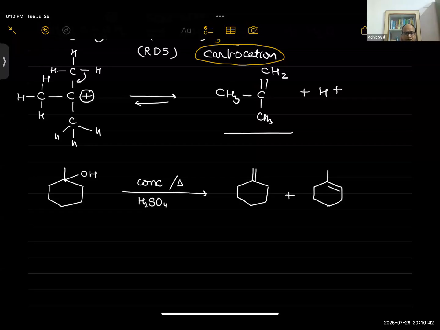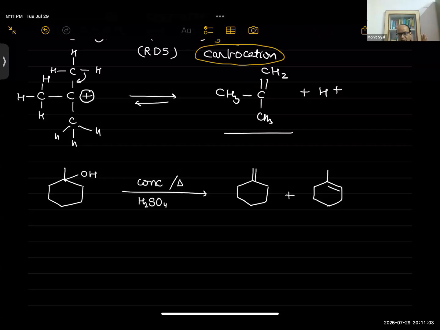So tell me how it will happen. Aisha, am I audible? This is the same reaction which happens with concentrated H2SO4, but the alcohol is different.